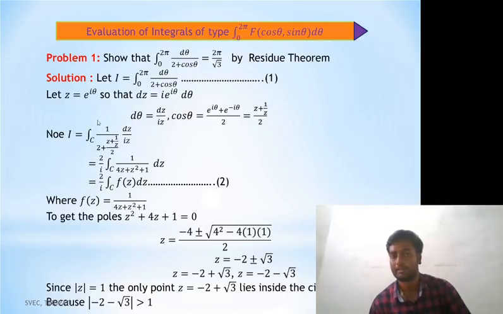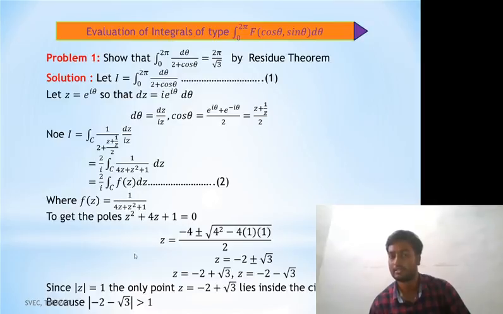Now you substitute in this, I equals the integral over c. d theta is nothing but dz by iz. 2 plus cos theta is 2 plus z plus 1 by z by 2. So this z and here the LCM is z, get cancelled. It is z square plus 1. Again here 2 LCM goes to the numerator. Then it is 2 by i, integral over c of 1 by z square plus 4z plus 1, after simplifying taking LCMs. Now 2 by i into this, you consider as f of z.